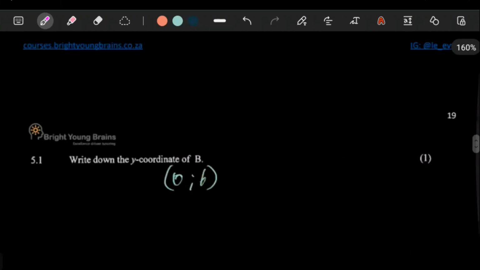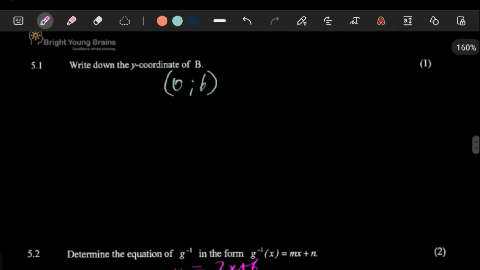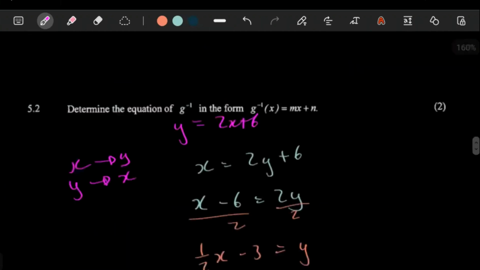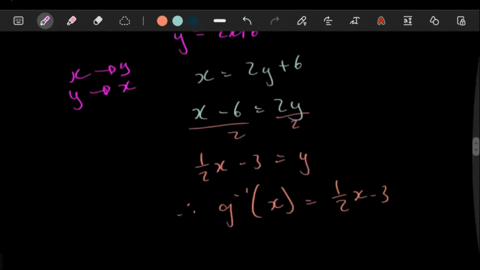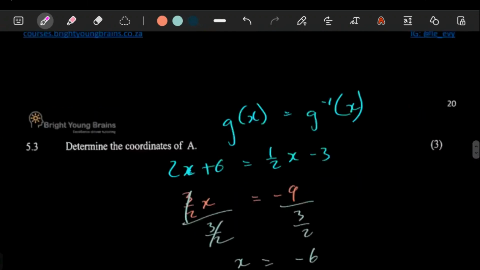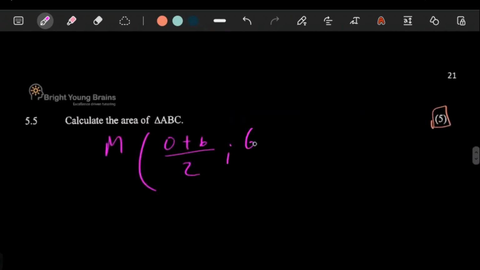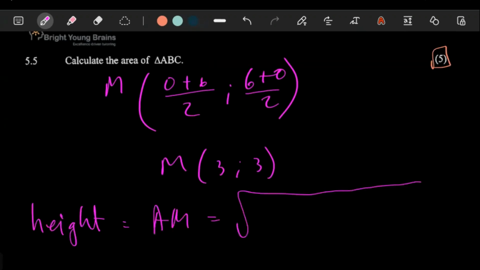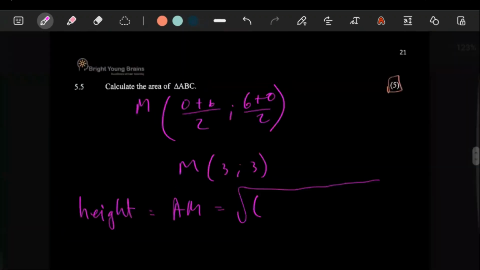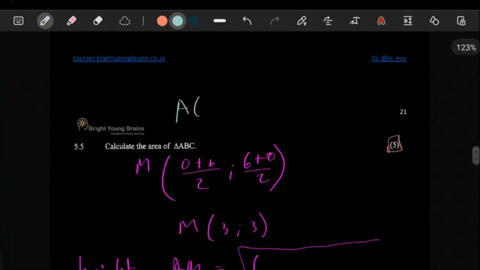So M is 3 and 3. So we have the coordinates of M, meaning we can now get the perpendicular height, because the height is going to be equal to AM. Remember, the coordinate of A is -6 and -6.